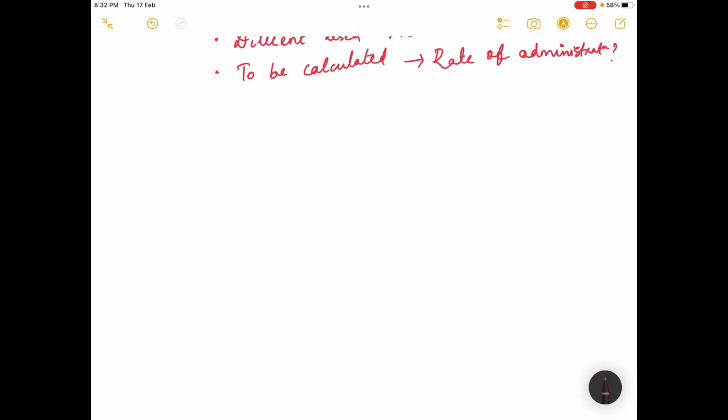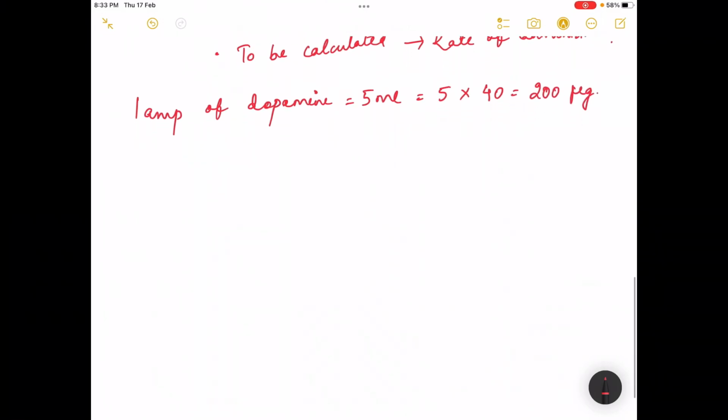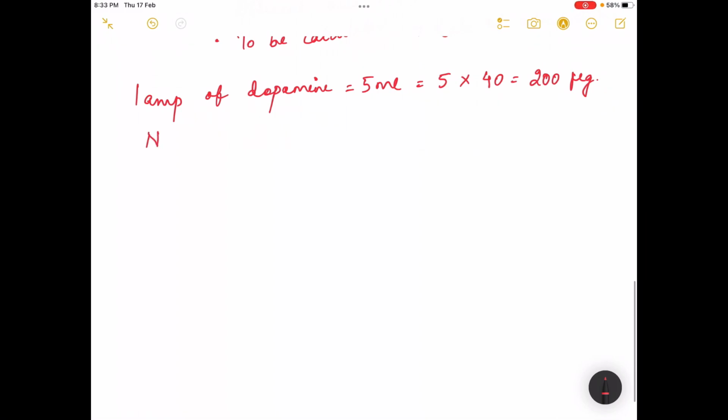So how will you calculate? 1 ampule of dopamine will contain 5 ml, and each ml will contain 40 microgram. So total 1 ampule will contain 200 microgram, and each normal saline bottle contains 500 ml.